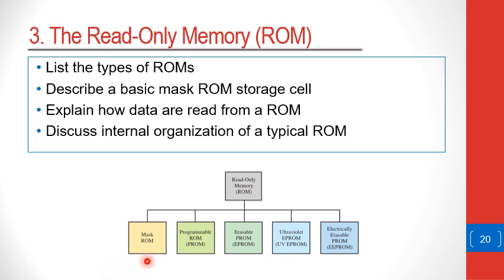There is the basic ROM, which is called the mask ROM. There could also be programmable ROM, erasable programmable ROM, EPROM, the ultraviolet erasable programmable ROM, or the electrically erasable programmable ROM, EEPROM.